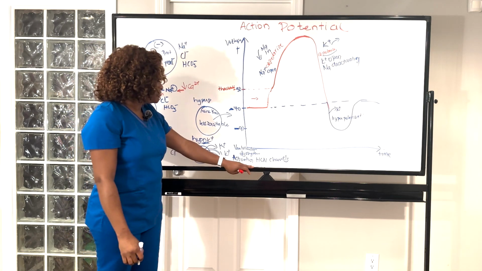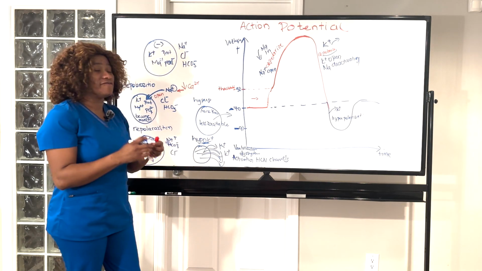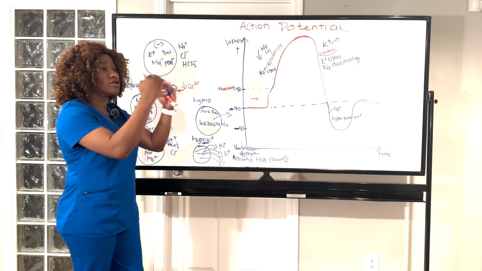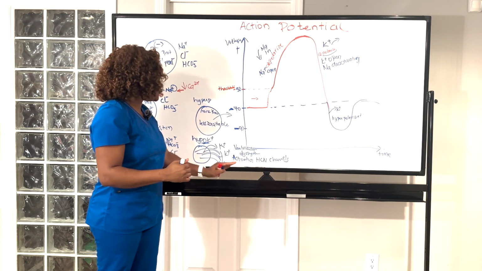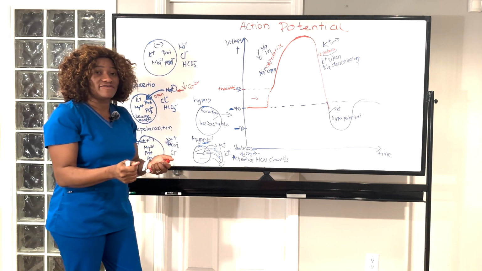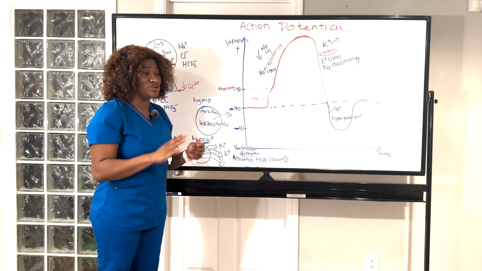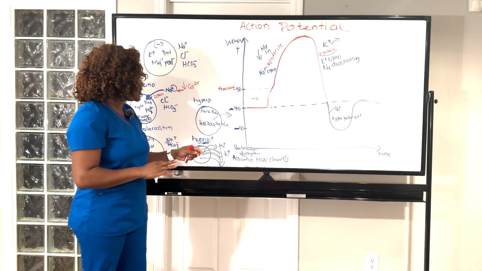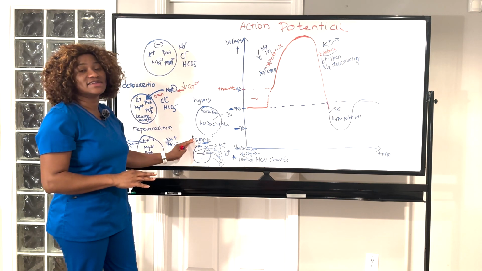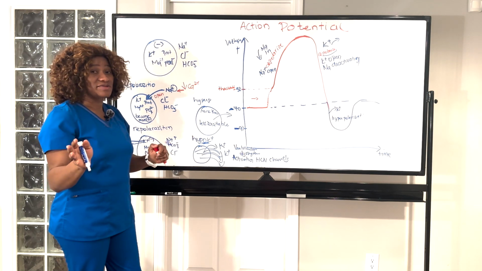And these channels are going to stimulate the ventricle, everything below the AV node. It's going to give us ventricular fibrillation, ventricular tachycardia. And that's why we have hypokalemia with ventricular dysrhythmia.